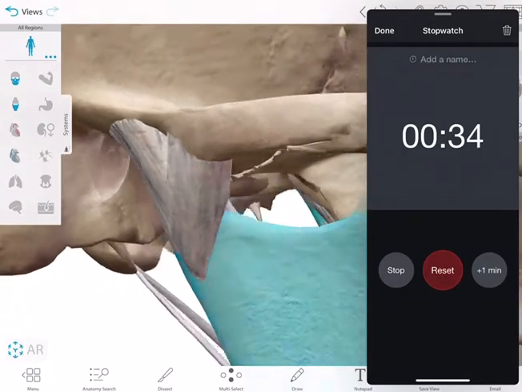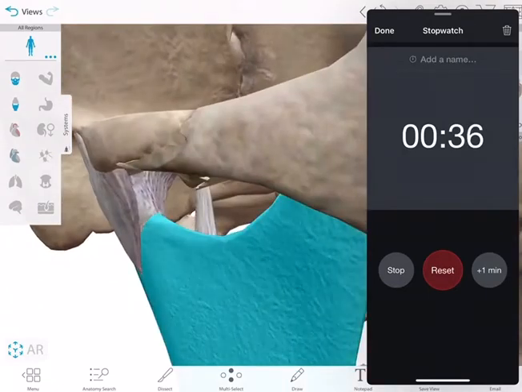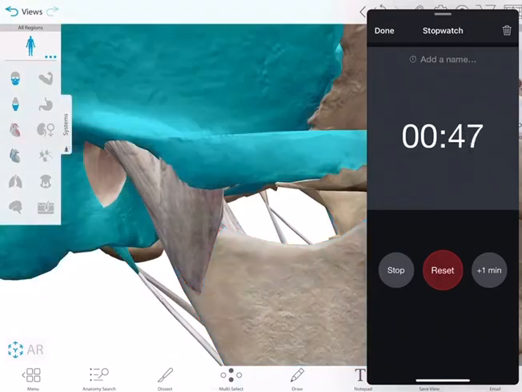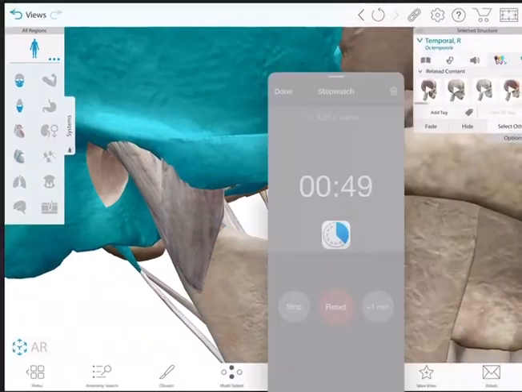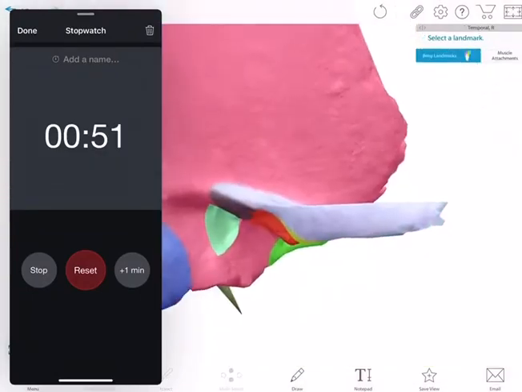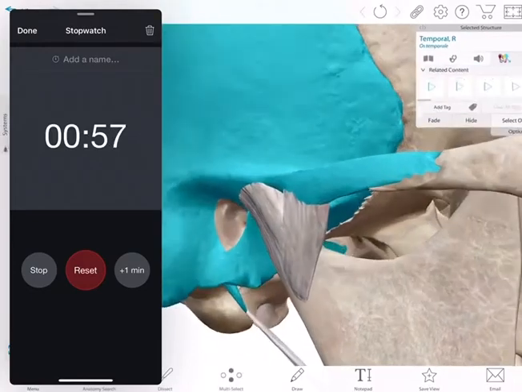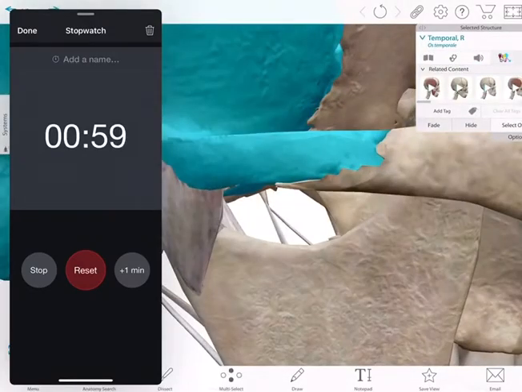The TMJ consists of two compartments. The first compartment is named the superior compartment, which is bordered superiorly by the temporal fossa of the temporal bone. Here is the mandibular fossa of the temporal bone, and inferiorly by the articular disc itself.